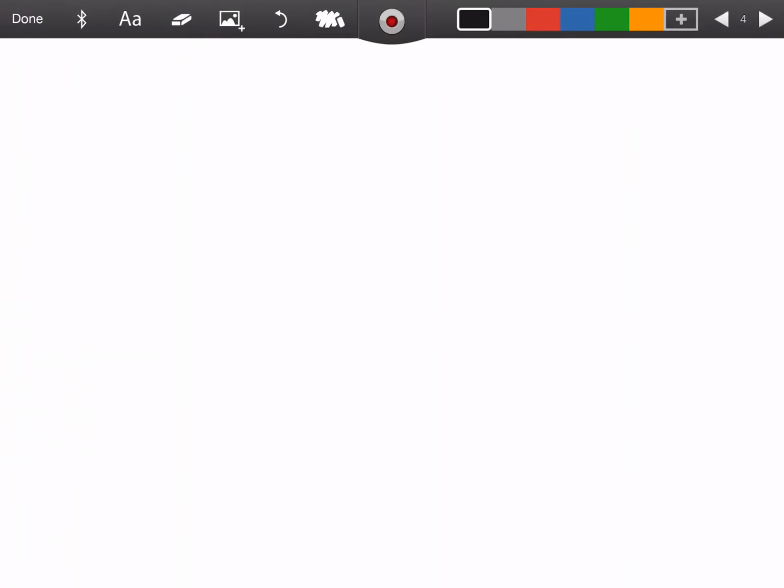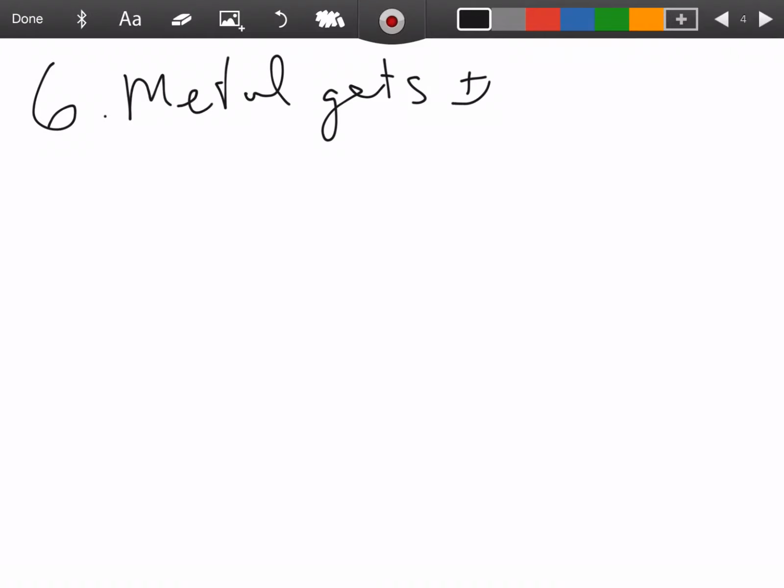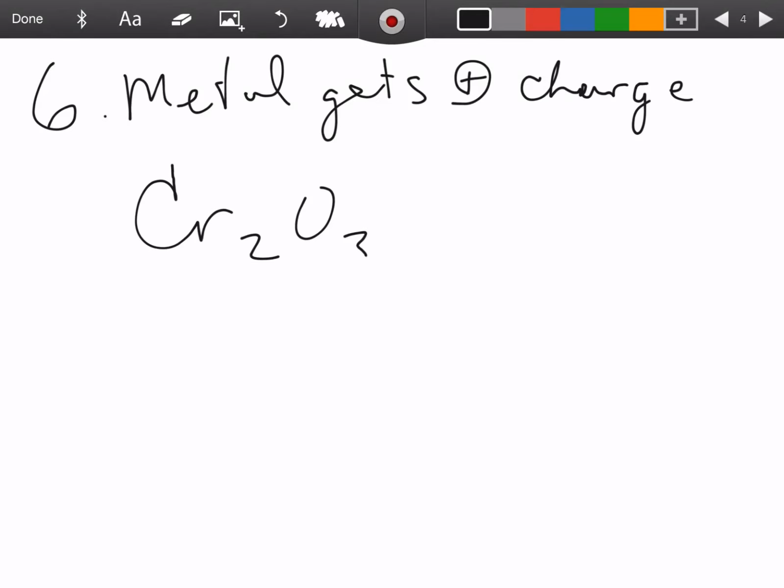The very last rule here, rule number 6, is that the metal gets a positive charge. And the reason for this, of course, is that metals are not electronegative, so they get the electrons taken away from them. So in the example here, chromium 3 oxide, when we take a look at the oxygen here, the oxygen we said was going to be a -2.